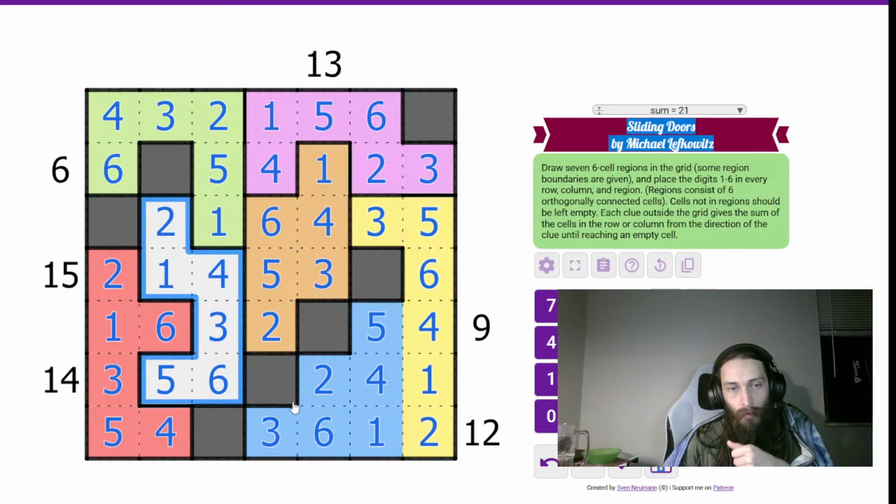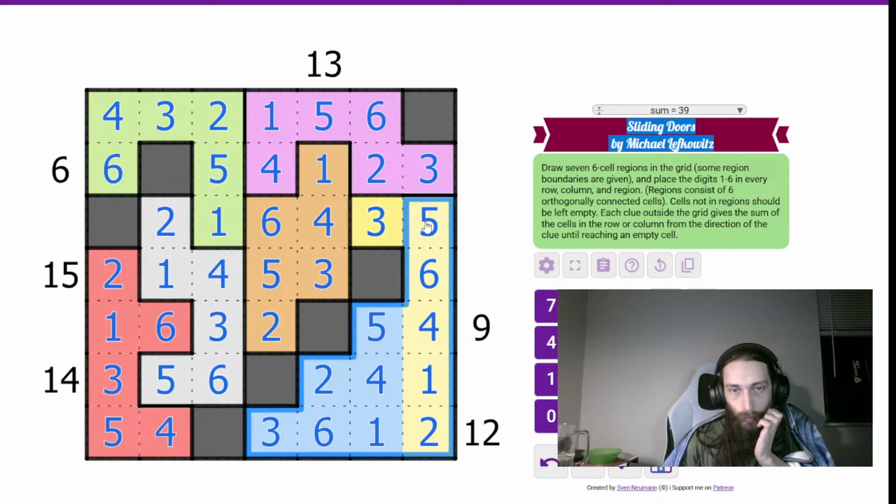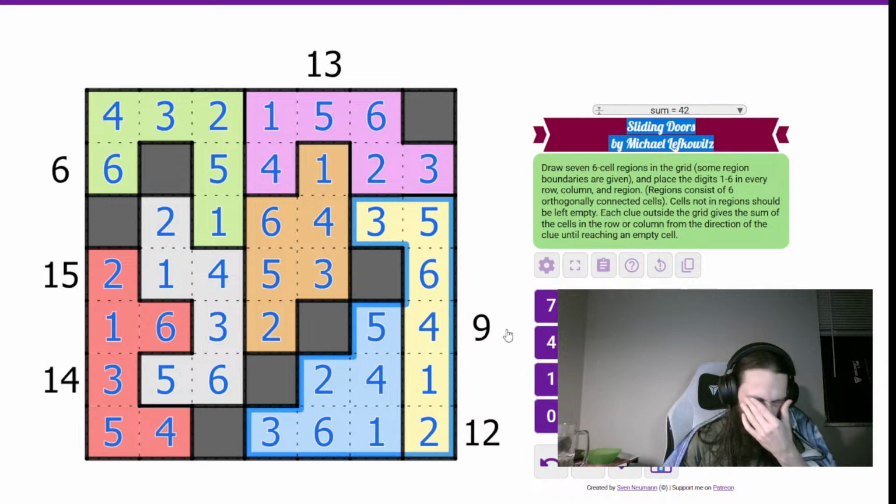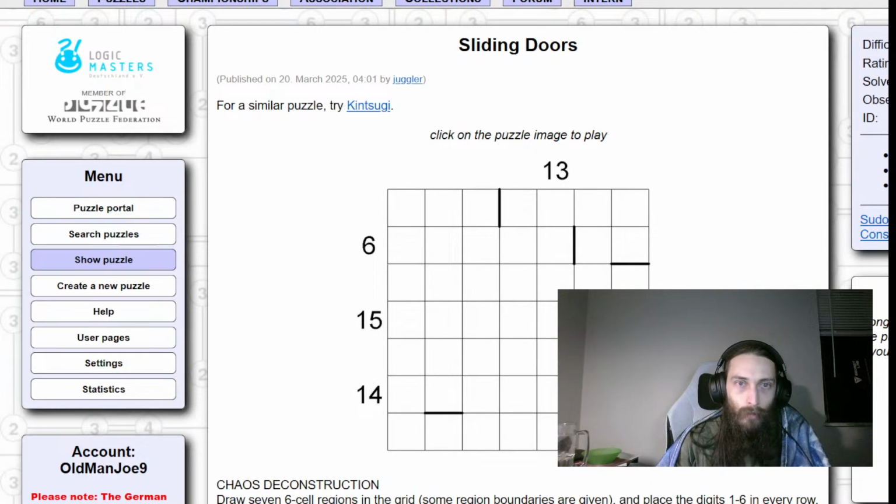And this one isn't even that hard. I think the hardest part of this puzzle was this right here, this logic that you spotted. So I don't know. Going with very easy seems fine to me.